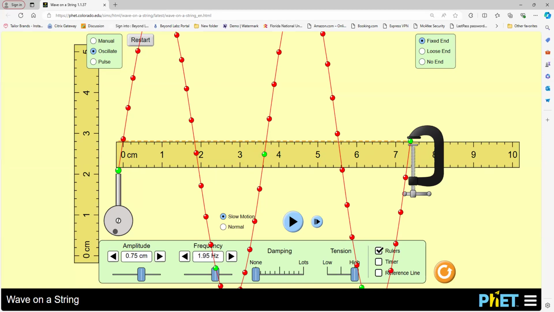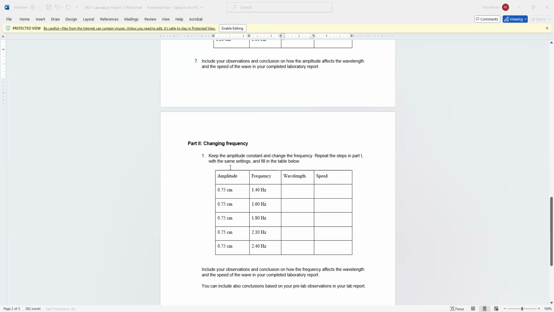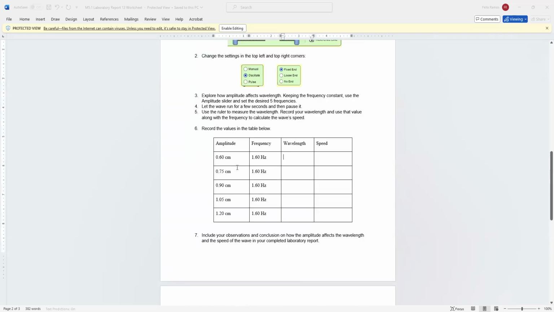So basically what the report or the practice asks you to do is just that. In the first case, you have a constant frequency and you will start increasing the amplitude. You find the wavelength.